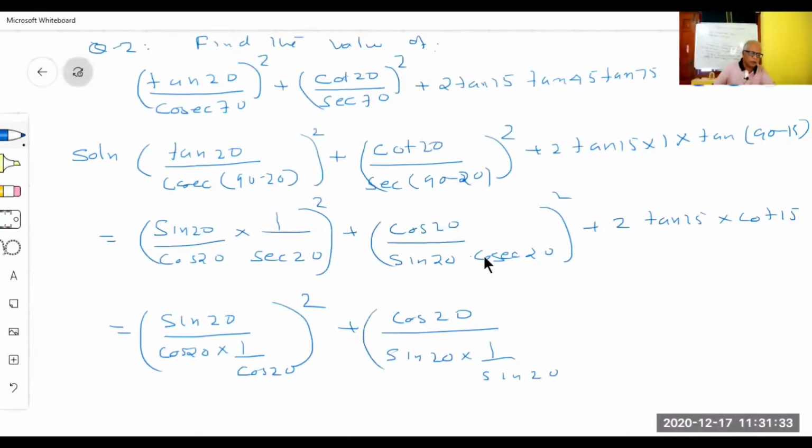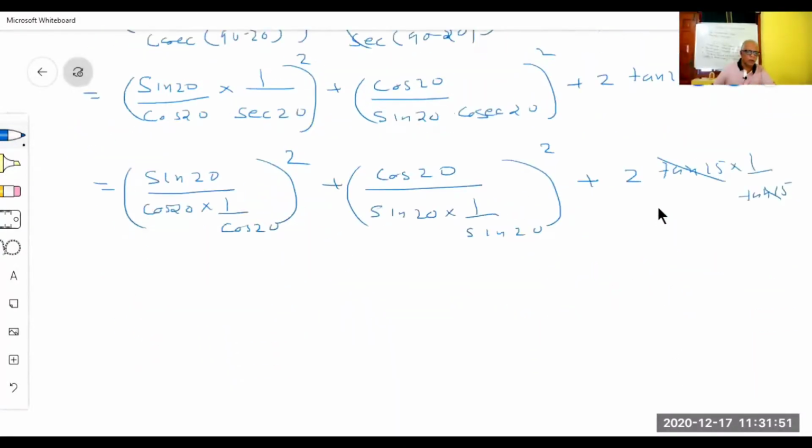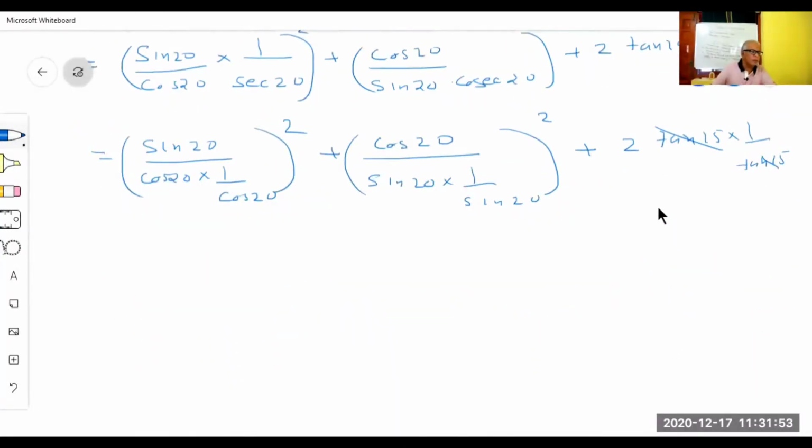Plus 2 into tan 15 into 1 by tan 15. Cos 20 cancels, sin 20 gets cancelled.